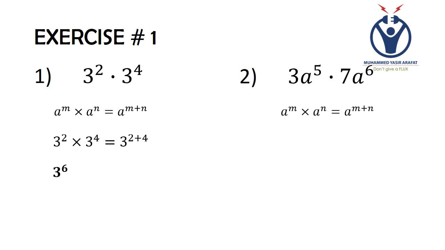Now the next question is very different from the first one. You will see 3 and 7 right before the exponential value. 3 and 7 get multiplied with each other, that is 3 into 7 gives 21, and a power 5 plus 6.